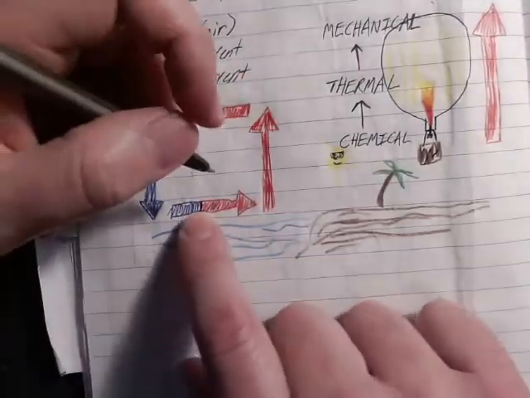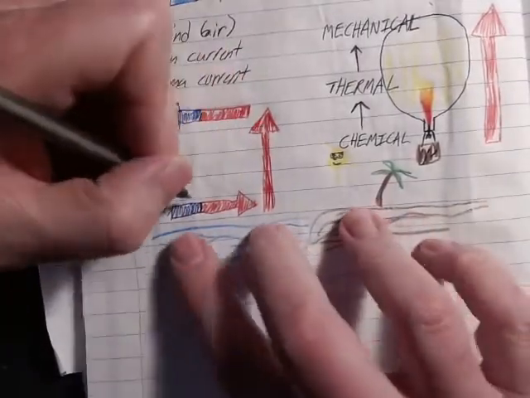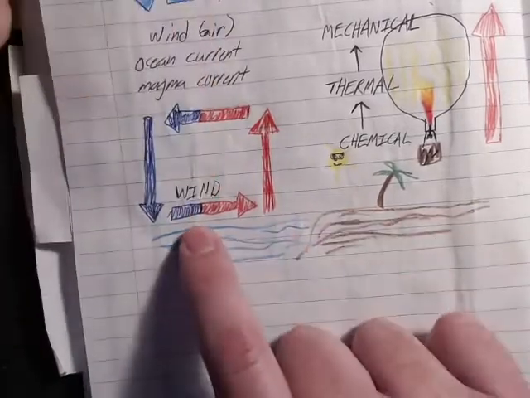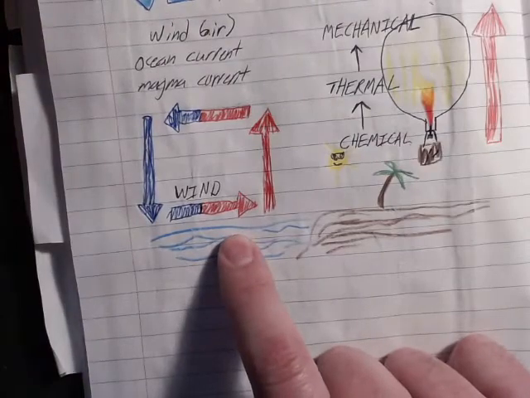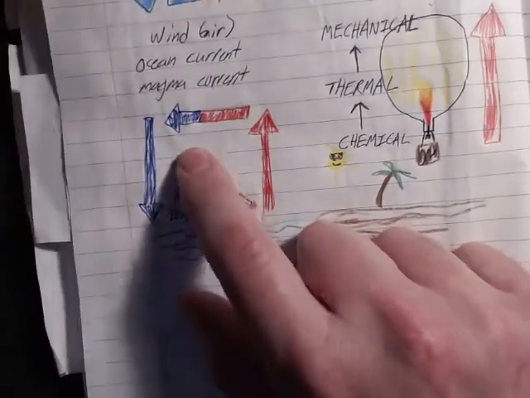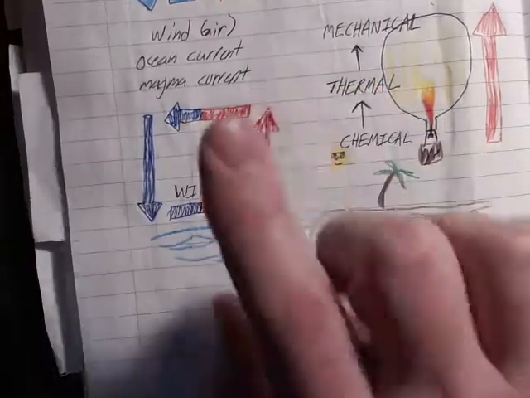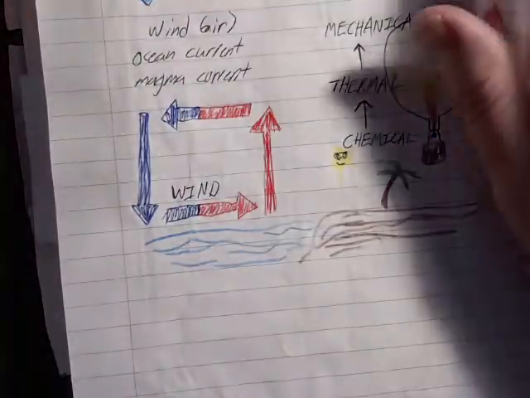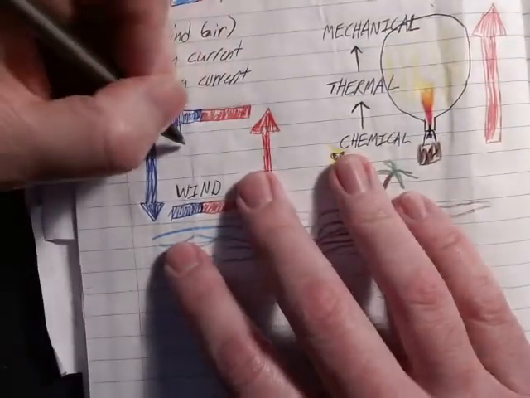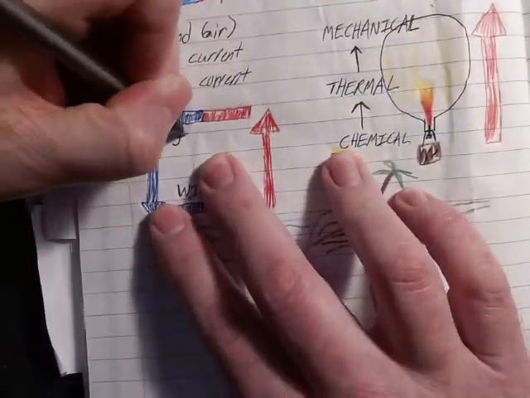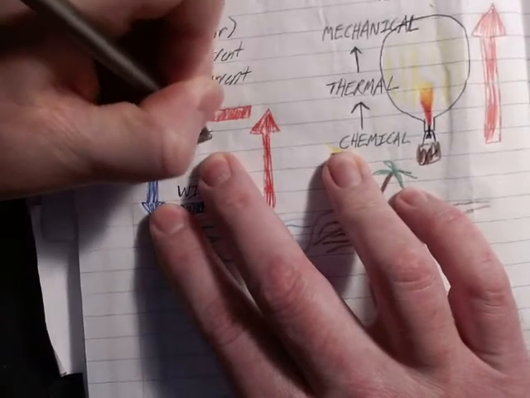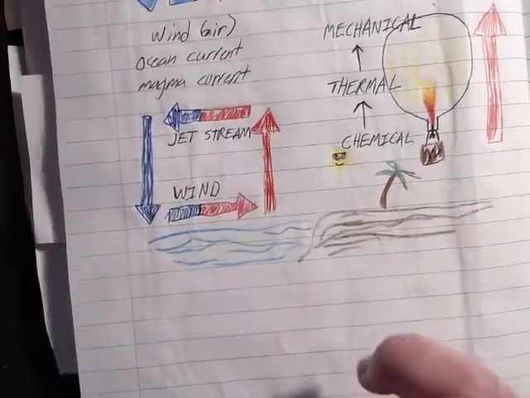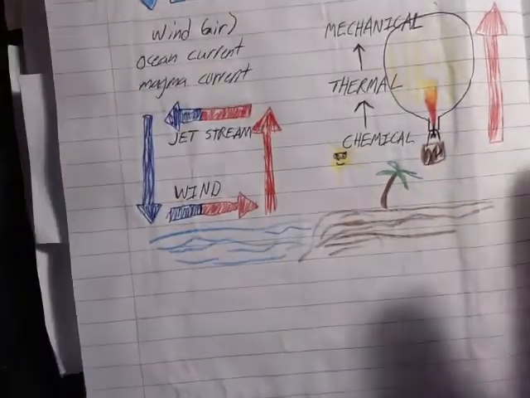Here along the surface, along the ocean or the land, we would just call this horizontal, this sideways movement, wind. But when you get really high up in the atmosphere, that wind is moving at hundreds of miles an hour. It is incredibly fast. And that wind we call the jet stream when it's that high up. It is a large, fast moving river of air.